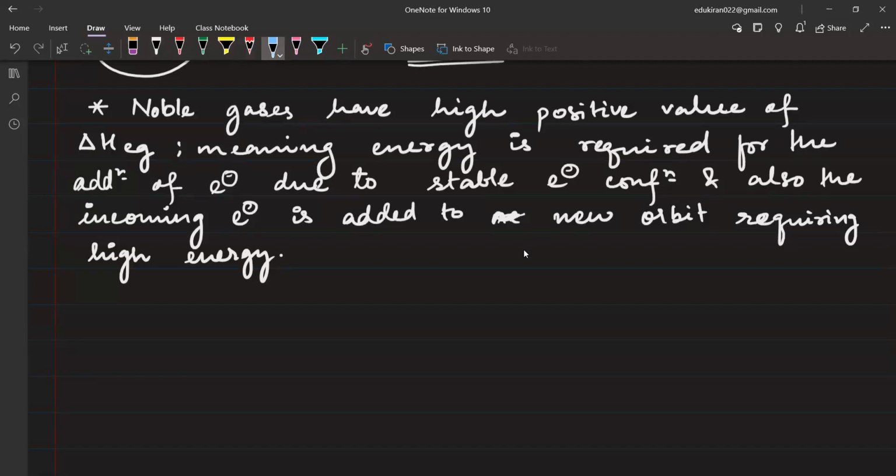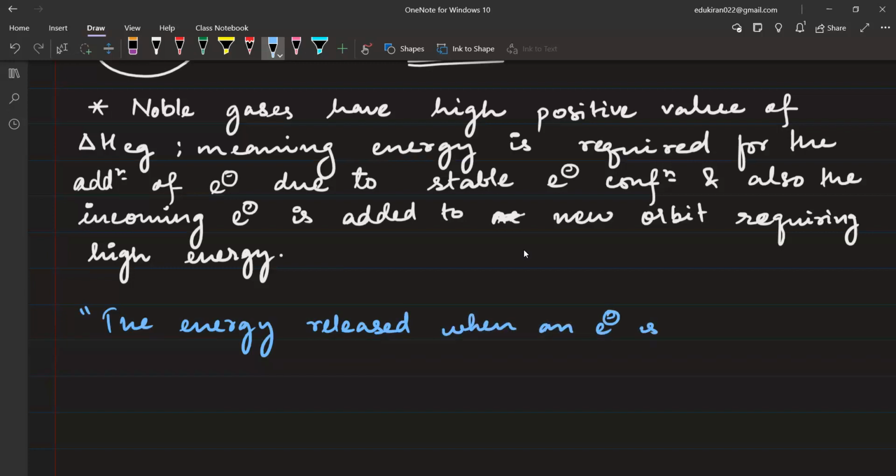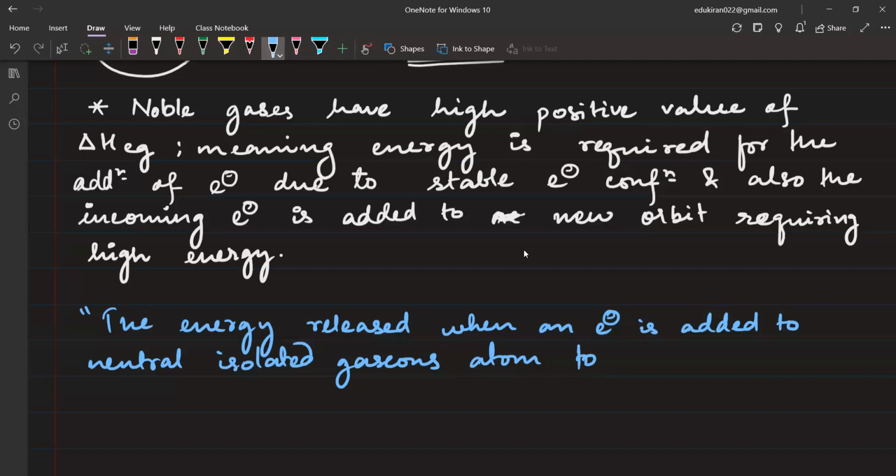Okay. After this, we are going to write the definition of electron gain enthalpy. Please write: the energy released when an electron is added to a neutral isolated gaseous atom to form an ion is called electron gain enthalpy.